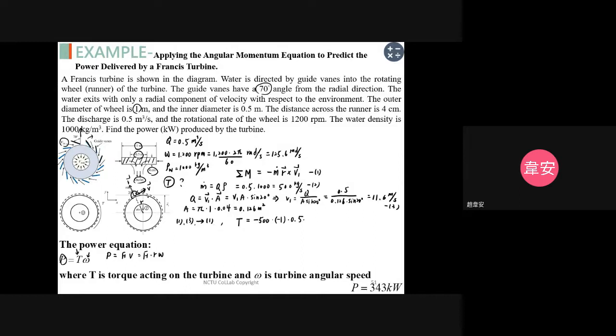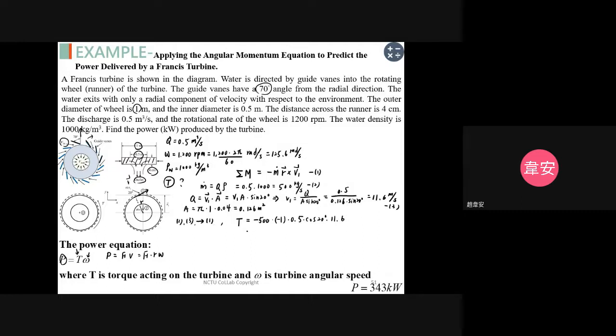We need to project the velocity along the direction perpendicular to the radial direction. We know the velocity is in this direction, so to project to this direction, we need to multiply by cosine 20 degrees, and V1 is 11.6.